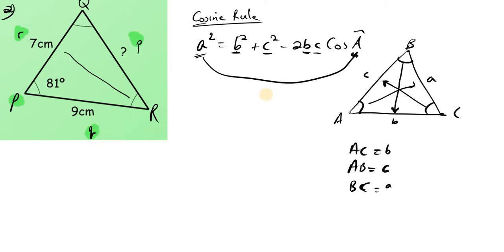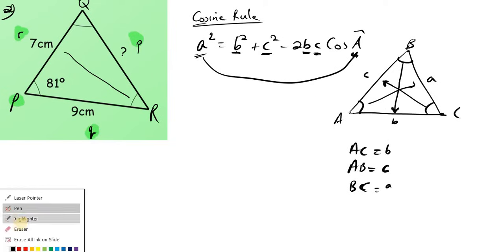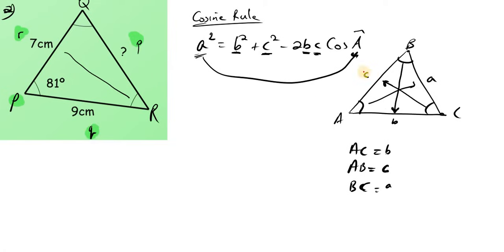Now I also want to mention this, right? See these two sides, b and c, again repeated here. Those two sides are the sides that form the angle that comes right after cosine here. So b and c form angle A. Let's look at this triangle here. Let's use a different color. Do you notice that we have side b and side c?